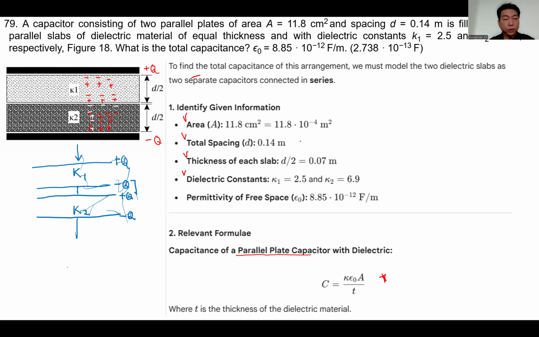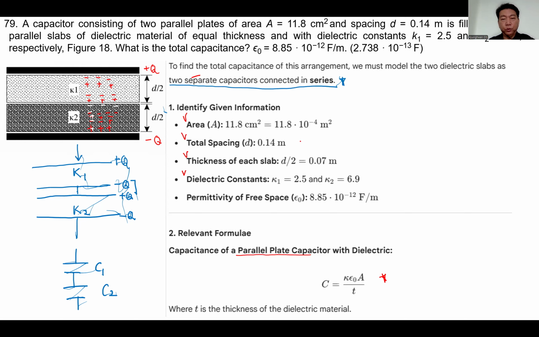And then it looks like a C1 and C2. So it's a kind of two parallel plate capacitors connected in series. So you need to start from this: two separate capacitors connected in series.